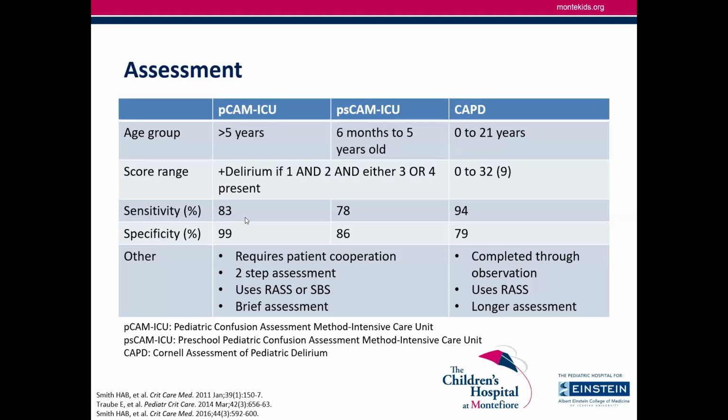When looking at the CAPD, it's the same scoring tool utilized for all pediatric age ranges. The score range is anywhere from 0 to 32, and if you score 9 or higher, you would be considered positive for delirium. It is completed through observation, so it does not involve direct patient interaction and cooperation. So it is a little bit more feasible to use at the bedside. However, it is a longer assessment, and we'll go through both of these.